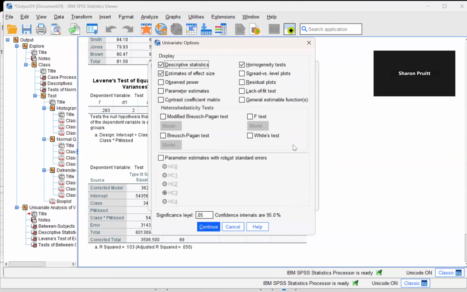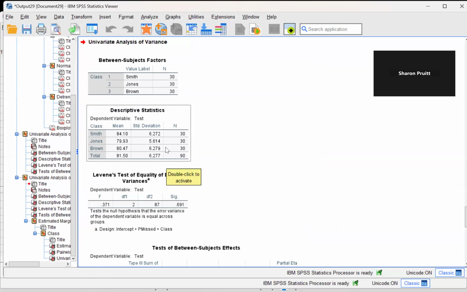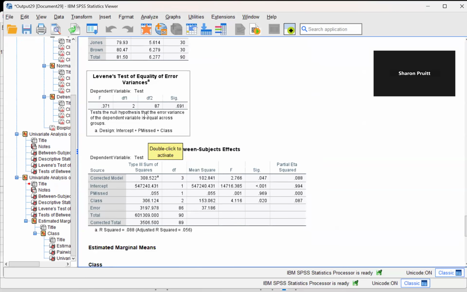Then I want to go to Options and make sure my descriptive statistics, estimates of effect size, and homogeneity test boxes are clicked. Continue, OK. And we want to look at Levene's test of equality of error variances.